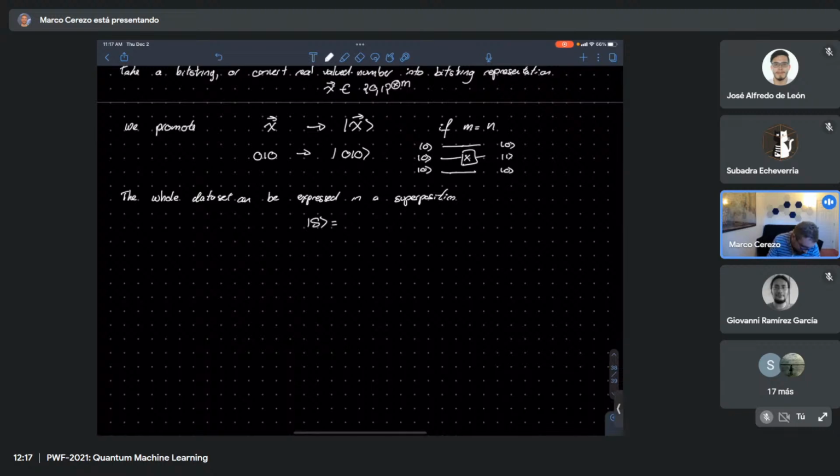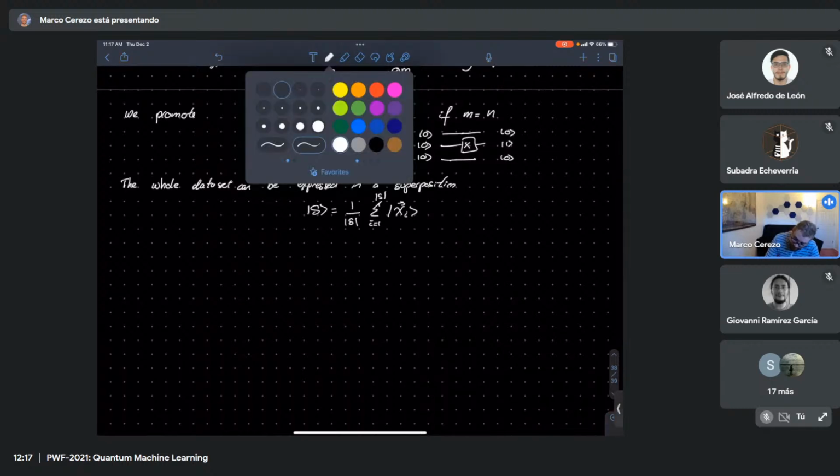So we have a state for the data set that is going to be 1 over the size of the data set, summation over i, going from 1 to the size of the data set, of our states xi. Of course, if m is different than the number of qubits, we can always pad it with zeros if we want, or just use fewer qubits, right?